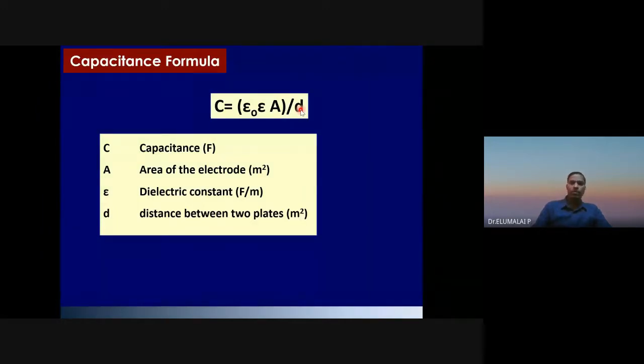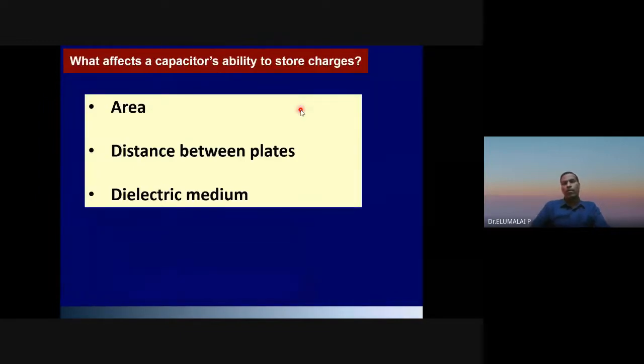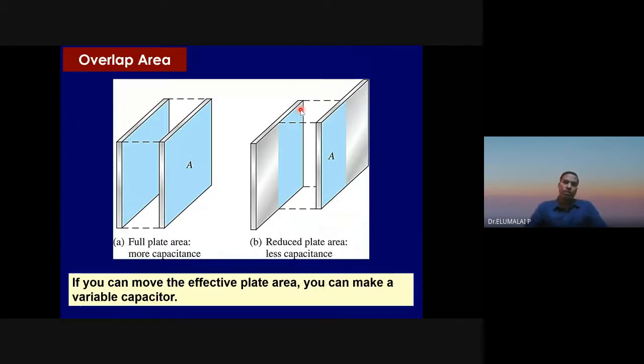You can manipulate the area of the plate that is being used to construct a parallel plate capacitor. It is similar to variable resistors. It is possible to fabricate variable capacitors, very much available.